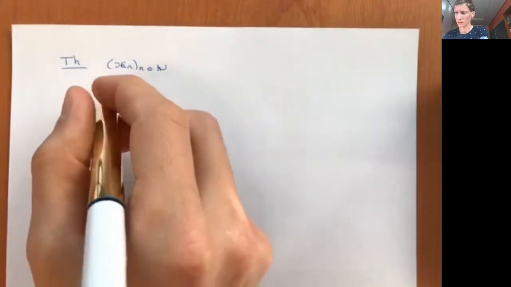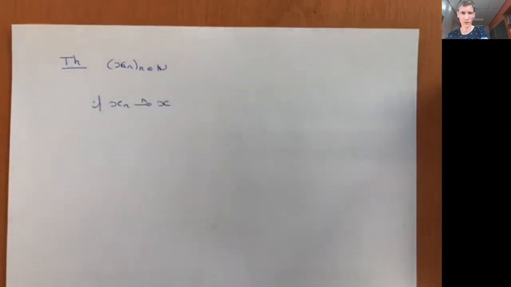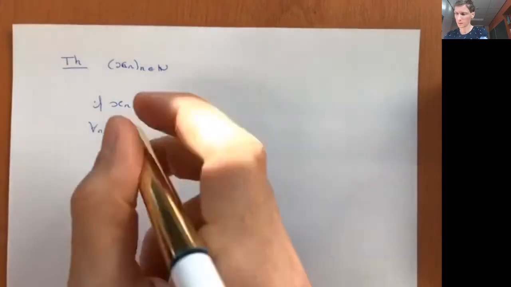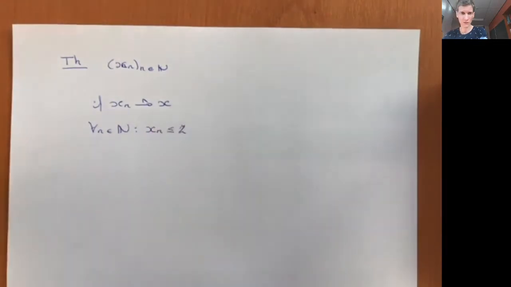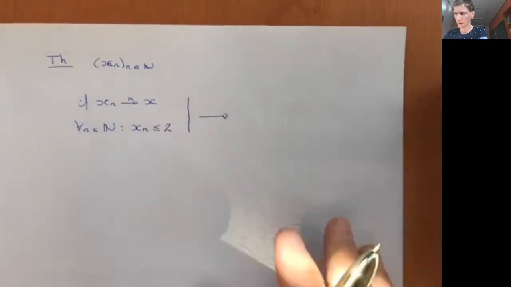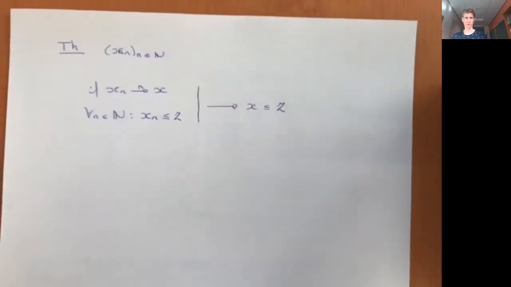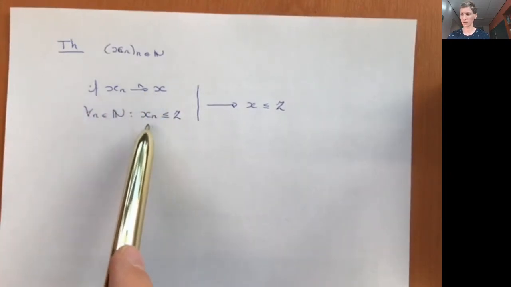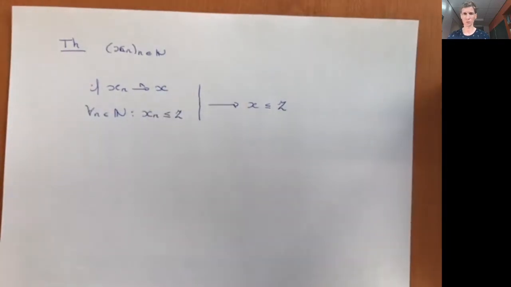It says that if xn converges to some number x, and if for all n in N xn is smaller than some number z, well then we have that x is smaller than z. So in other words, we have a sequence that converges to x. Every term in the sequence is smaller than some number. Then the limit of the sequence, which is x here, should also be smaller than this number.